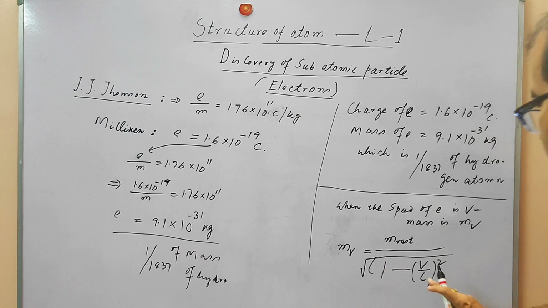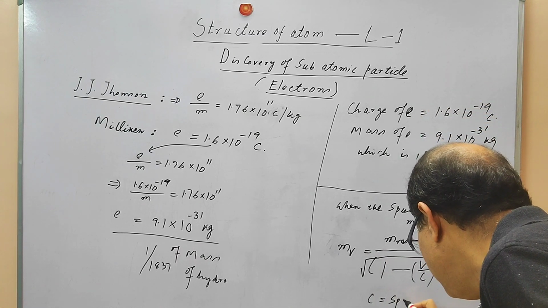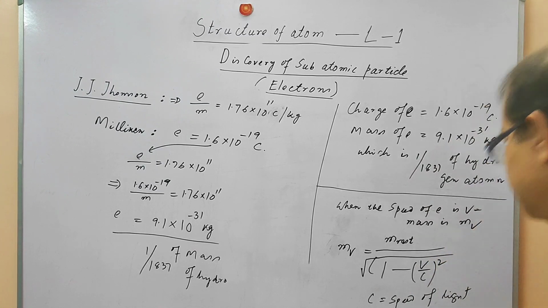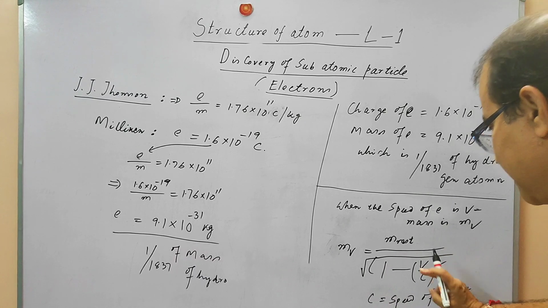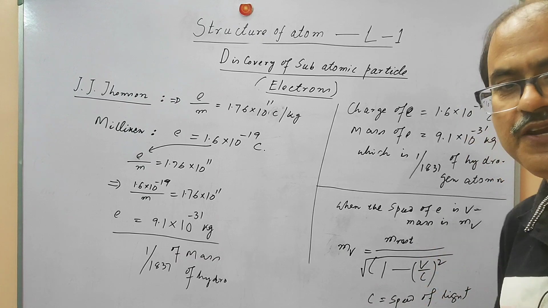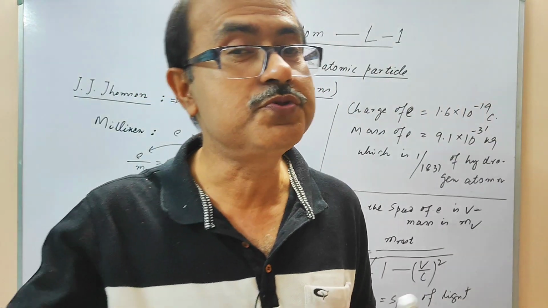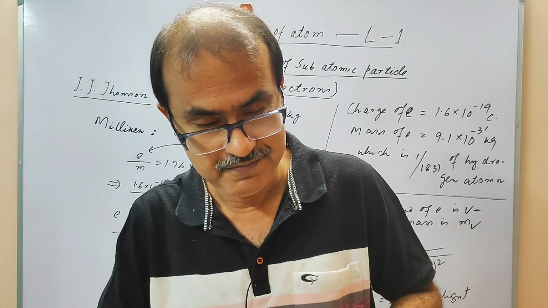Here c is the speed of light. So when you put v as c, you will get infinity. It means that when the electron moves at the speed of light, its mass will be infinity.